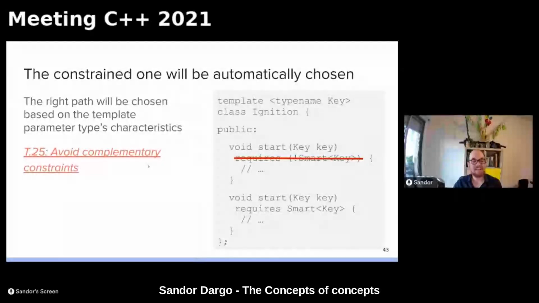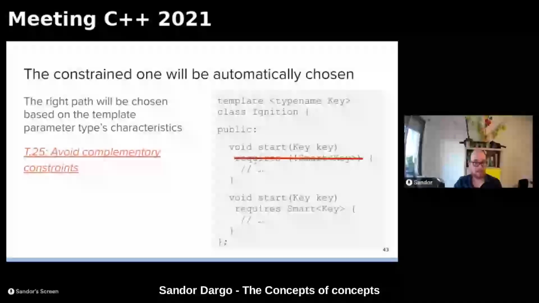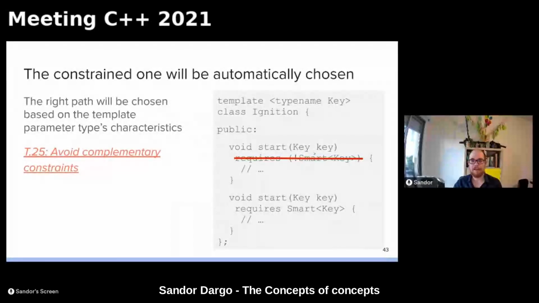And the Core Guidelines also remind us that we should avoid these complementary constraints because it makes our code more brittle. So it's okay. In fact, it's not just okay, it's better to have a generic overload and a constrained one. You don't have to write the complement of it.